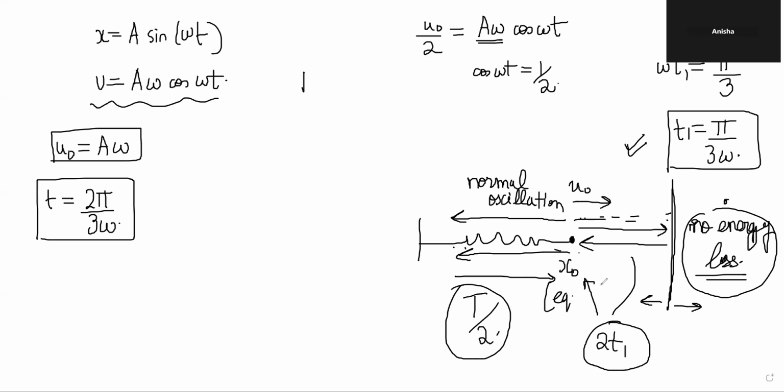The only thing that has happened is this part of the motion is cancelled, and the time it took is double the time it took to reach here, so that is at 2t1. It will come back with velocity u naught only, because as it went there, it had decelerated to u naught by 2, and when it comes back, it is accelerating to u naught. After that, it will do its normal oscillation on the other side, where there is no wall or anything.